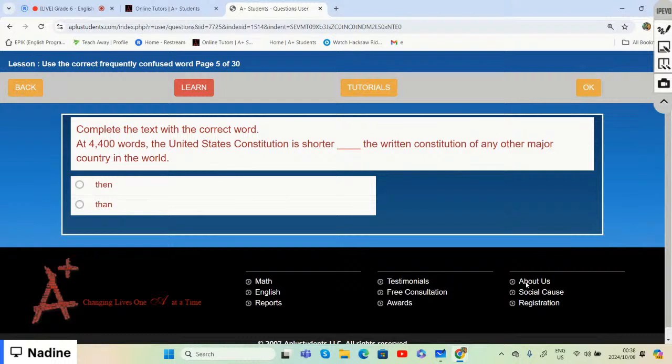So shorter then or shorter than, which one is correct? Look at the word again.